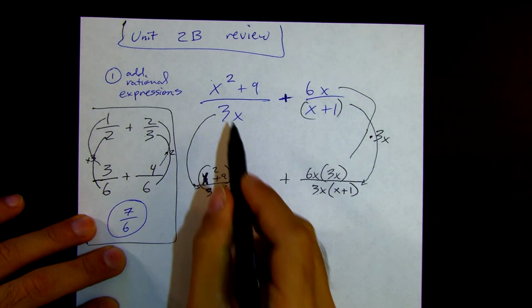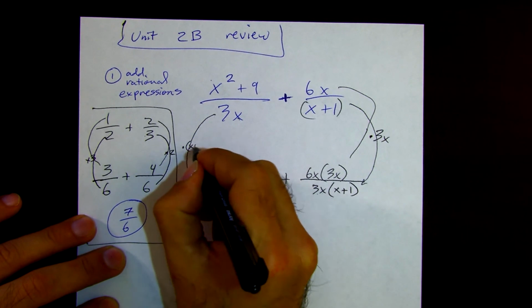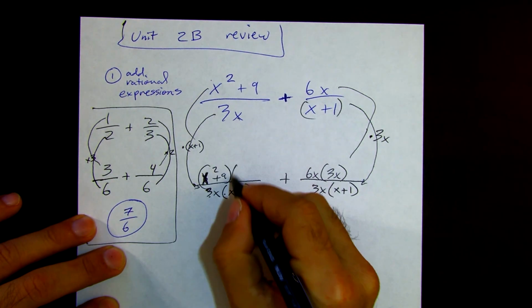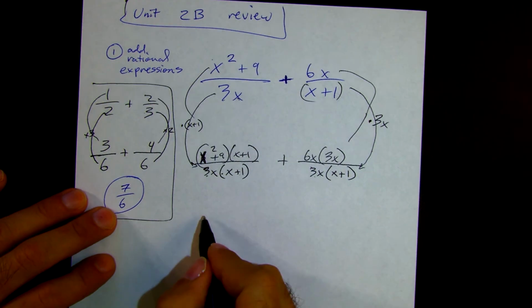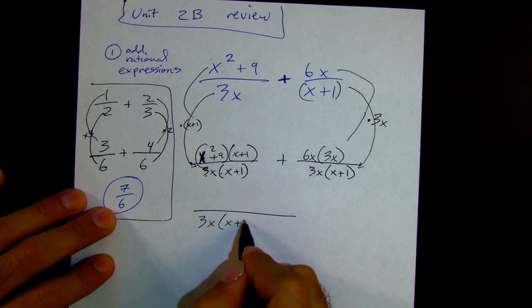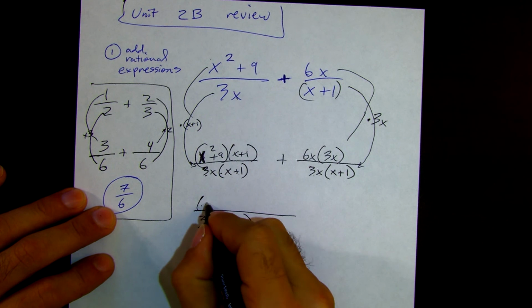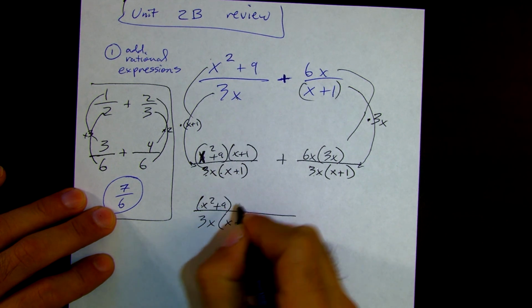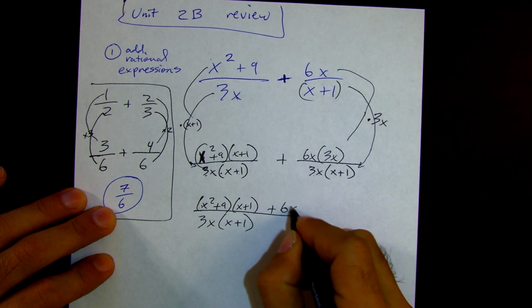How do you go from 3x to 3x times x plus 1? You multiply by x plus 1. Do the same at the top, x plus 1. Now, what we end up with on the bottom is going to be that 3x times x plus 1. Maybe we'll combine that in a sec. I'm just going to write everything now on the top that is going to be combined. Plus 6x times 3x.